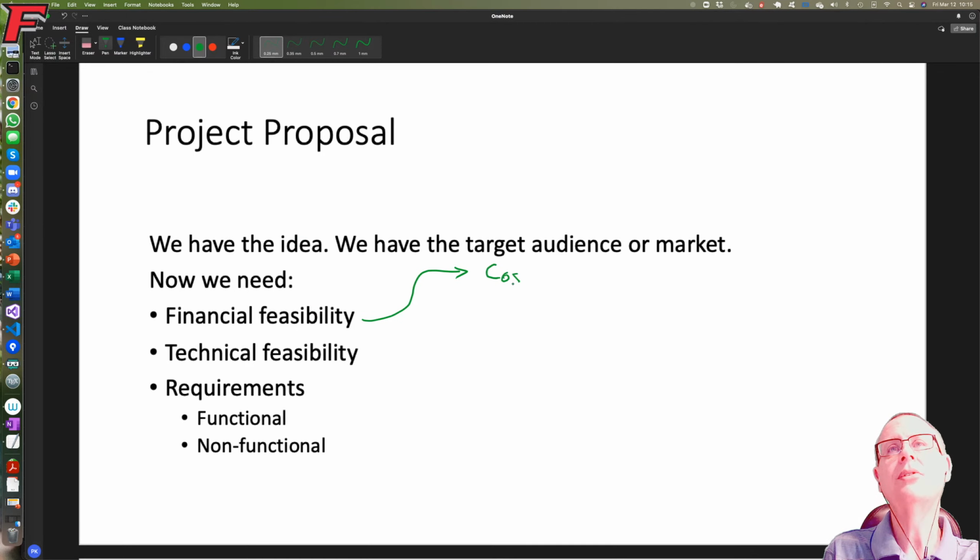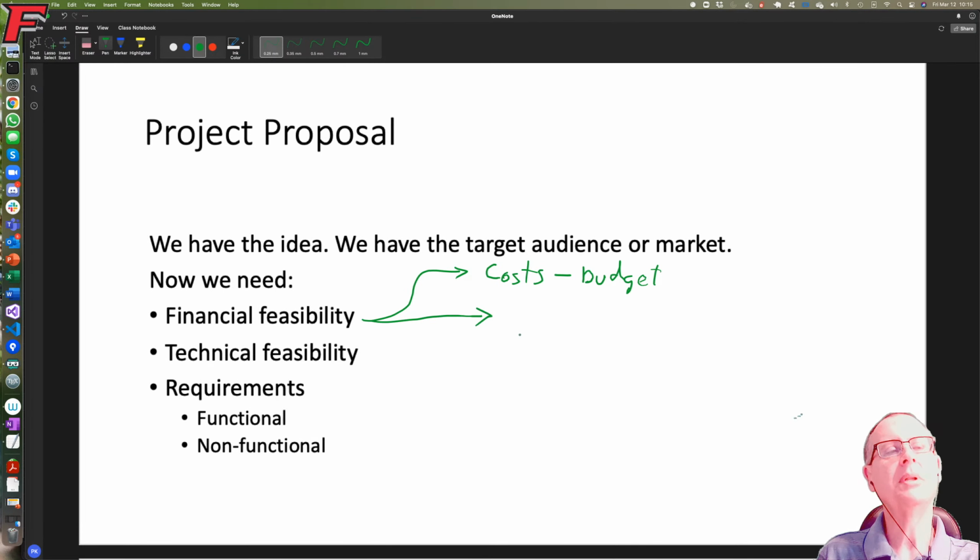If there is a way to, so there's two things with the financial feasibility. There's costs, which you do need to do, that's your budget, right? But the other thing that you can look at for financial feasibility is your potential competitors, right?